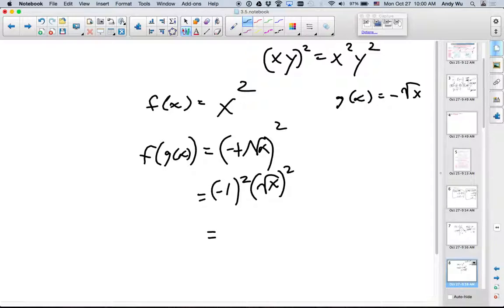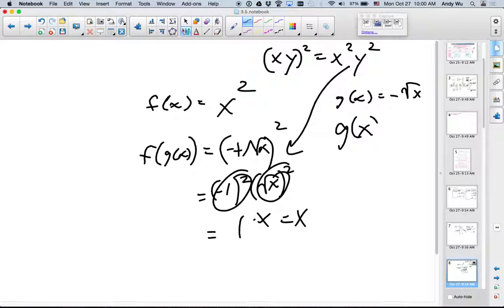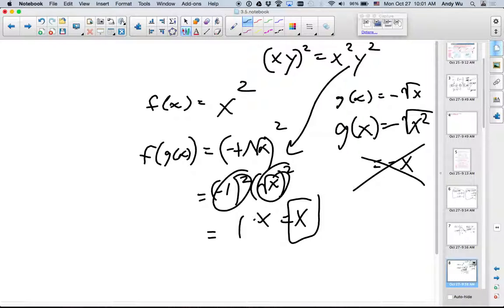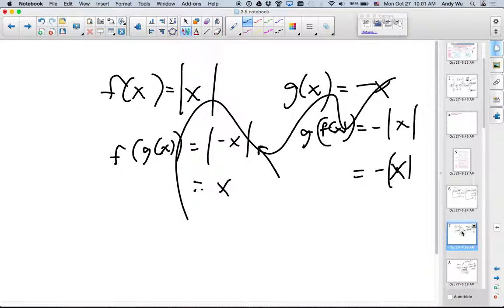So this is the same as that. So this becomes 1, this becomes x, which is x. However, on this side, I write that, this is equal to negative x. So this doesn't apply, this does. It's almost the same example as the one I had with absolute value. Basically the same idea. What we're both using is the fact that square and absolute value turn the negative into positive, but the other way around doesn't do that.